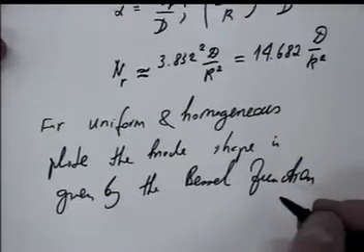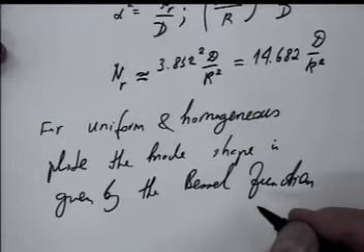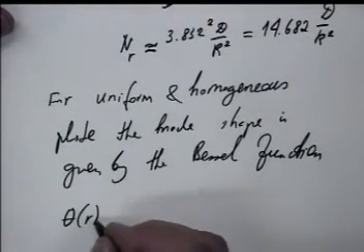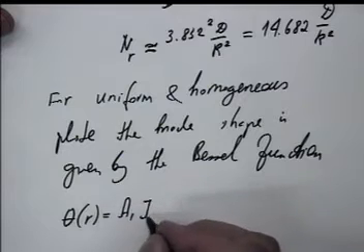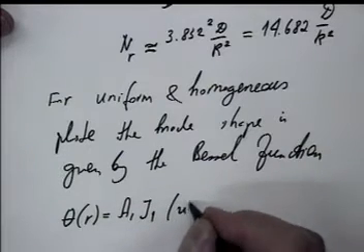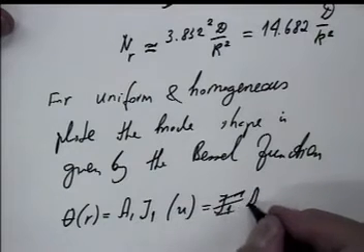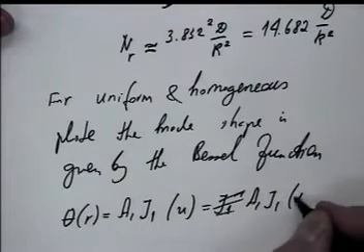Okay, mode shape. What is this mode shape? Let us look. Theta of r equals A1 J1 alpha r.